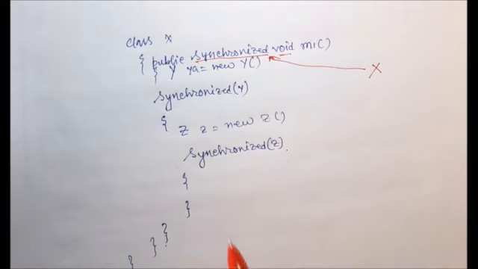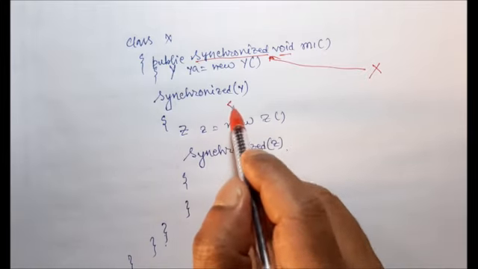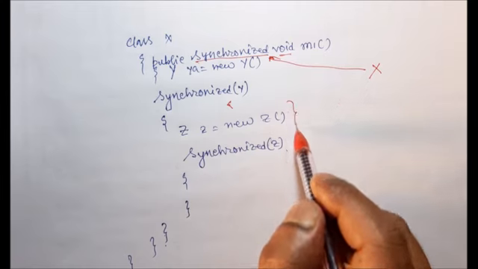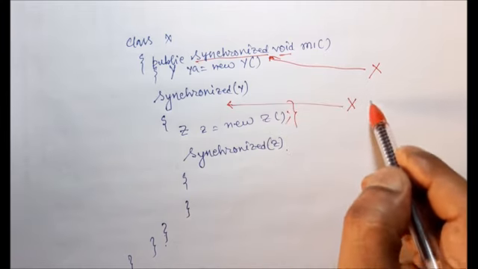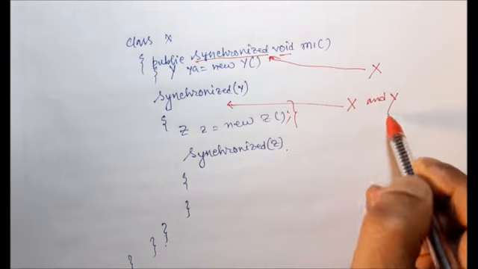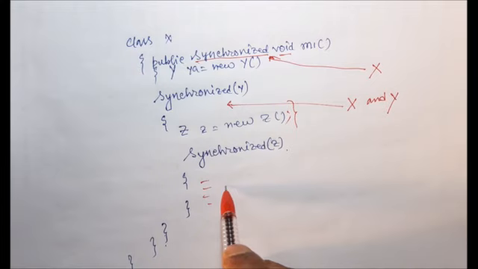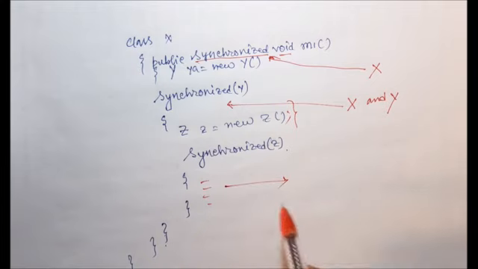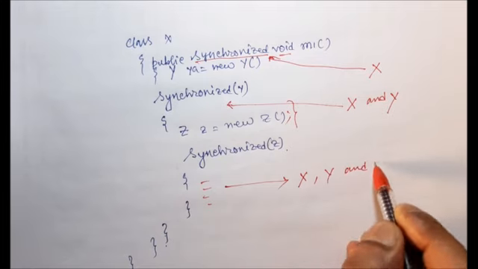Then suppose I want to execute the y part, that means to execute this part of the code, the locks of x and y are required, right? And within z, suppose these are the code, if this code wants to execute, then the locks of x, y and z are required.